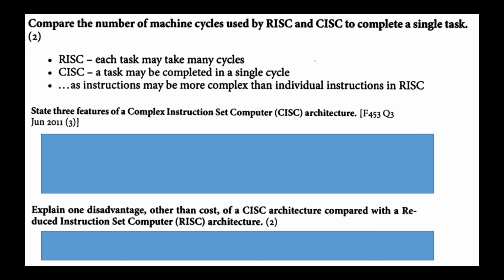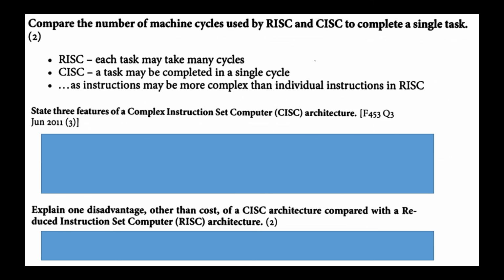Because RISC has a reduced instruction set, it uses more machine cycles, but fewer clock cycles. Then CISC is just a single machine cycle, but then multiple clock cycles.